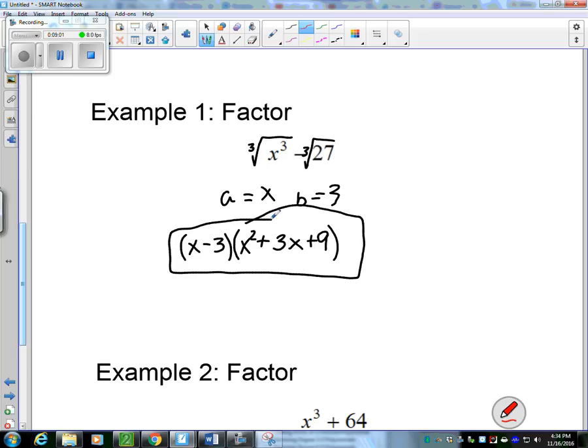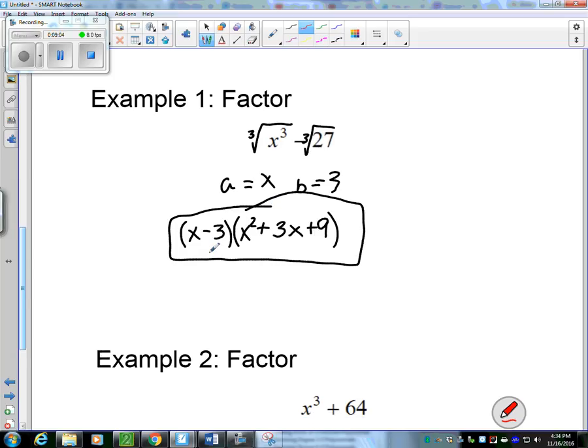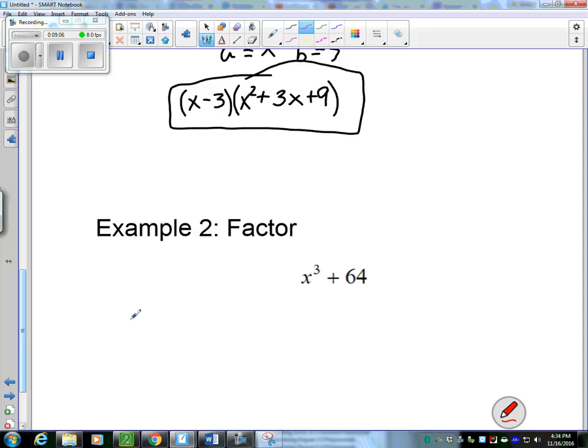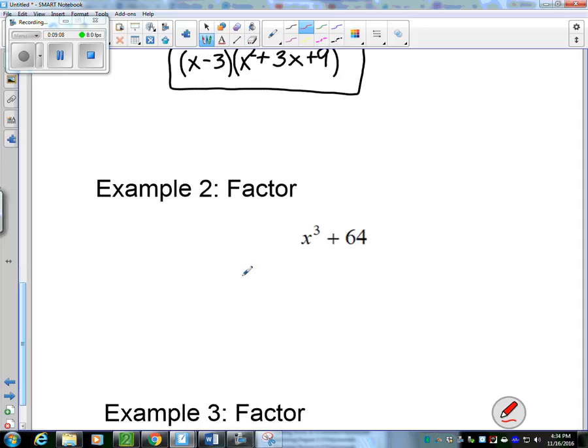Moving on. Next one, we have a sum of cubes. So here you're going to do the exact same thing. Greatest common factor, there isn't one. Cube root the first term, you get x. Cube root the second term, you get 4. And so your a is x, your b is 4.